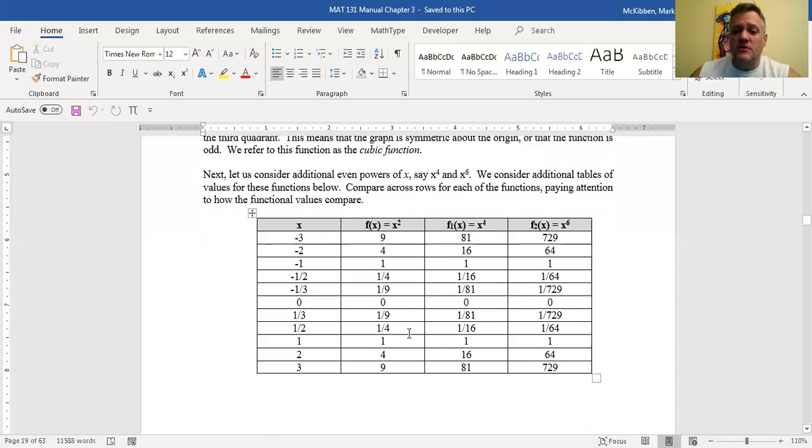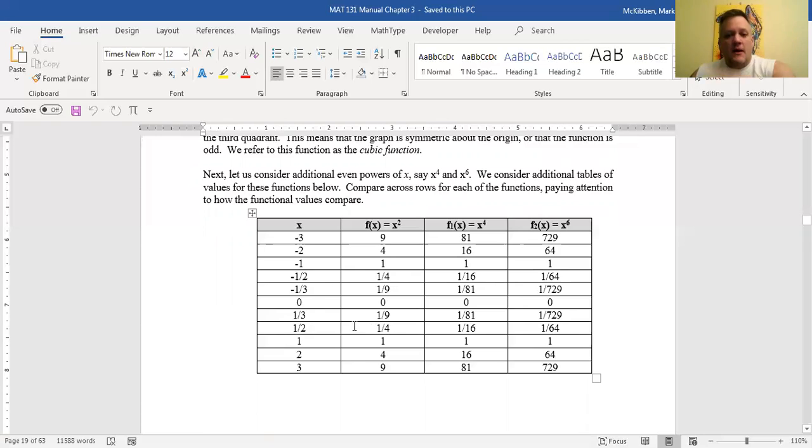The couple things to notice is that the point (0, 0) is always on the graph. So these graphs all pass through the origin. The points (-1, 1) and (1, 1) are always on these graphs. Okay. And then here, if you look at numbers between 0 and 1, the larger the number is, the larger the output.